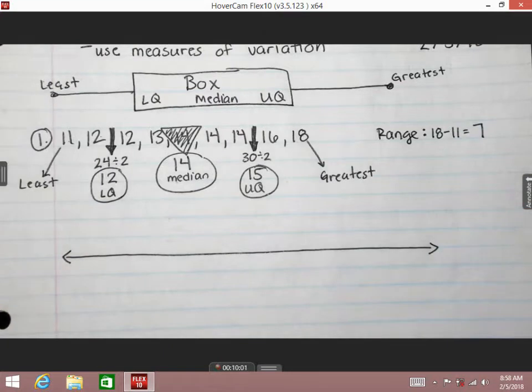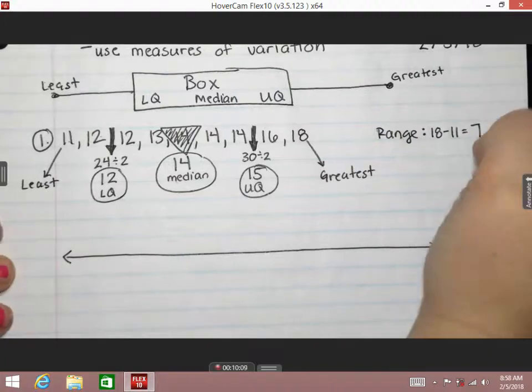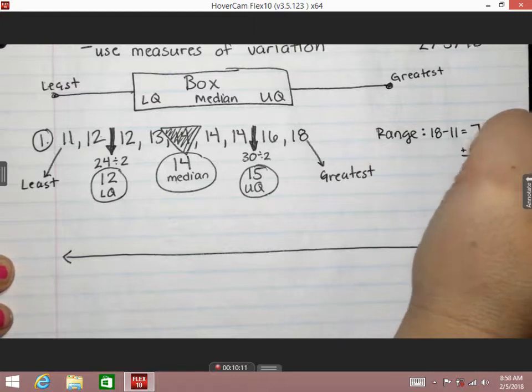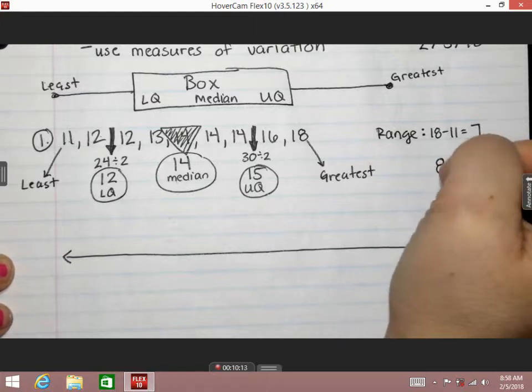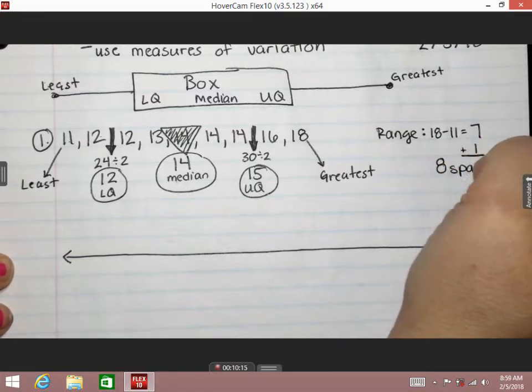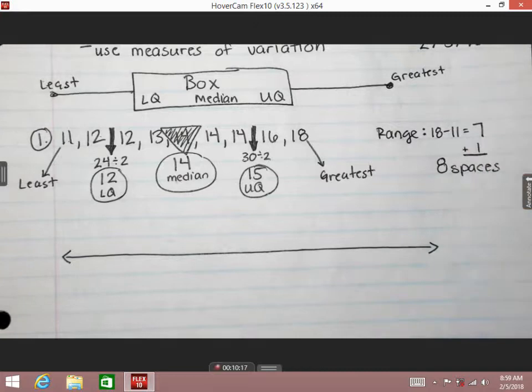Now, guys, that does not mean I need 7 space marks. When I'm subtracting, that's actually eliminating one of my numbers that needs a space. So we're going to have to add one more to that. So we get 7 plus 1, which gives me 8 spaces. Can I have more than 8 spaces? Absolutely. Can I have less than 8 spaces?